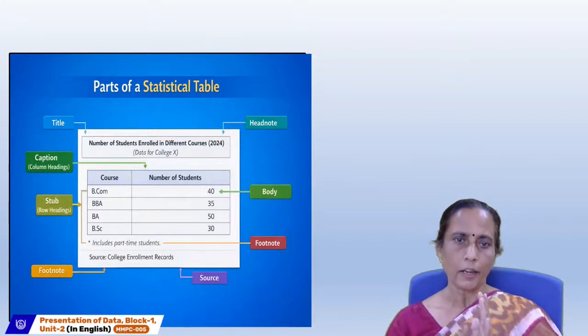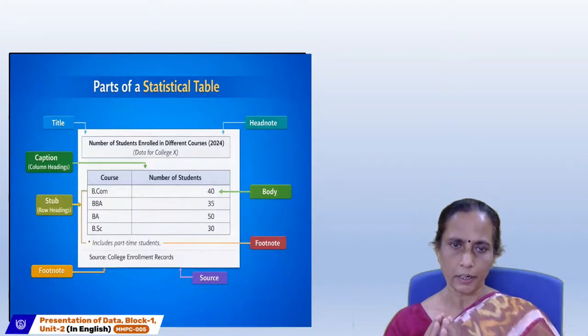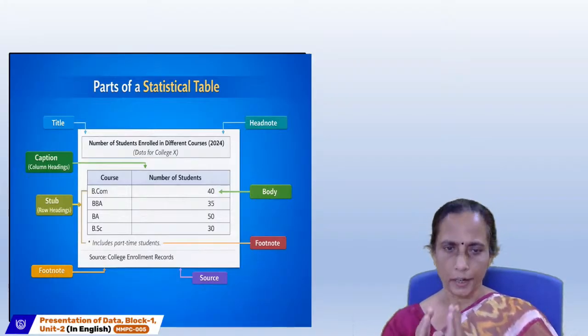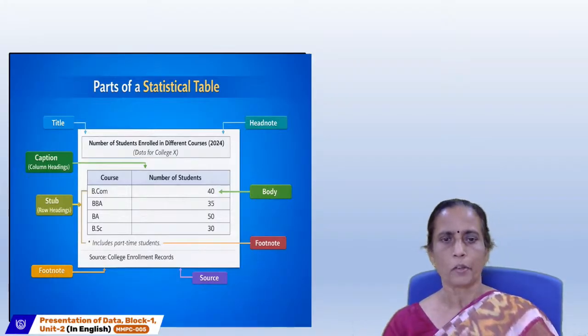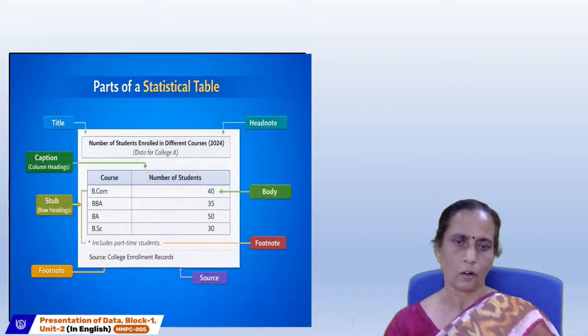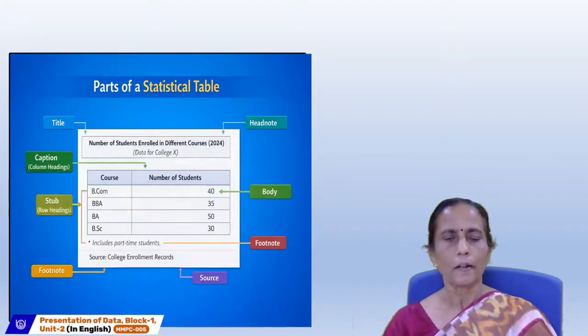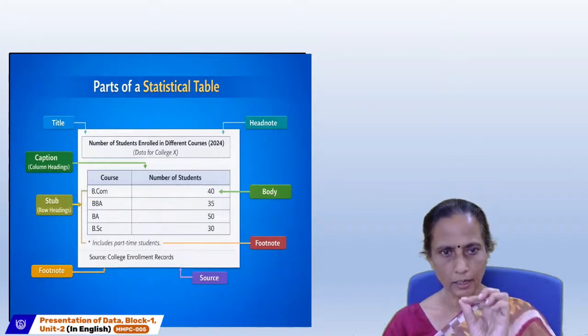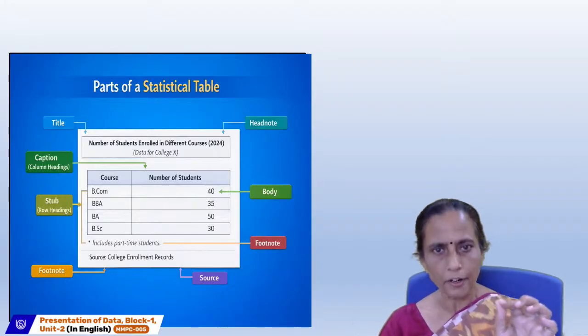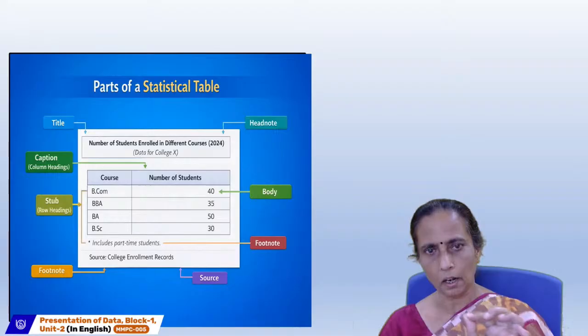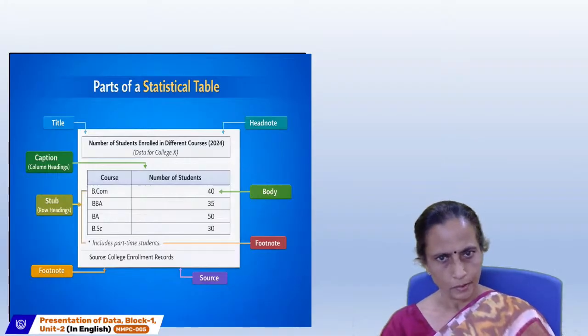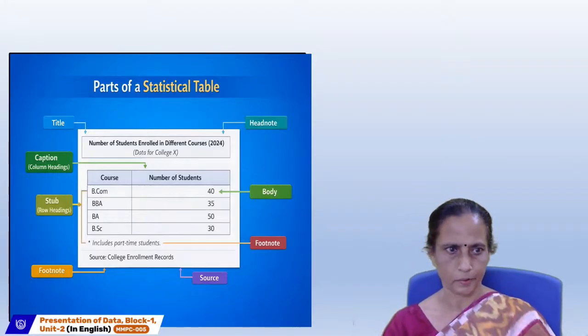Suppose you are presenting figures in numbers, or in rupees, or in thousands or lakhs; that is the head note. Sometimes we write a note, in column figures presented in this table are in lakhs. That is your head note.